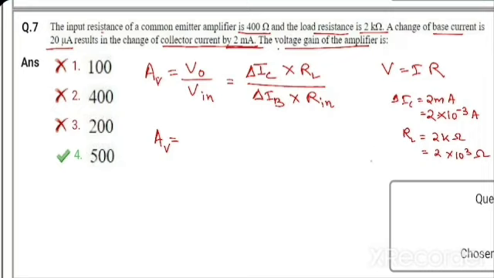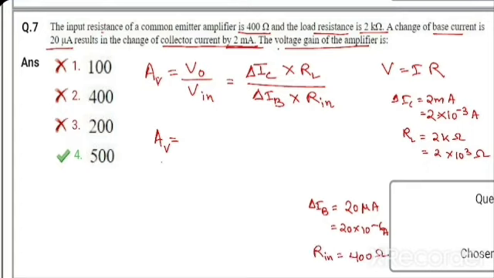Again, base current delta IB, the change of base current, is 20 microampere, that means 20 into 10 to the power minus 6 ampere. Another one, input resistance of common emitter, Rin, is 400 ohm.